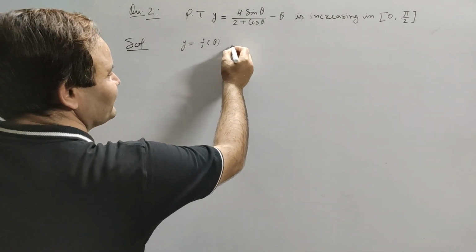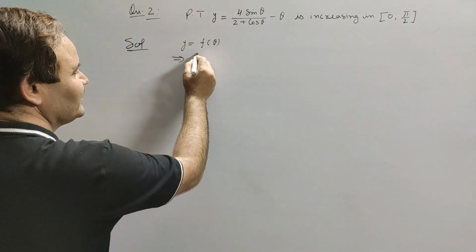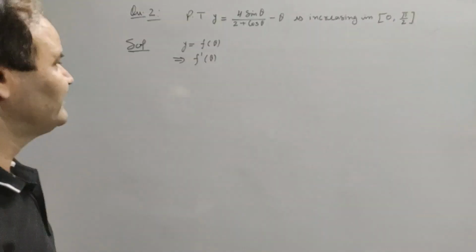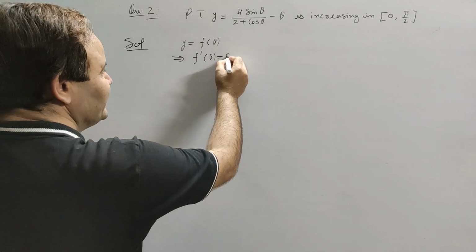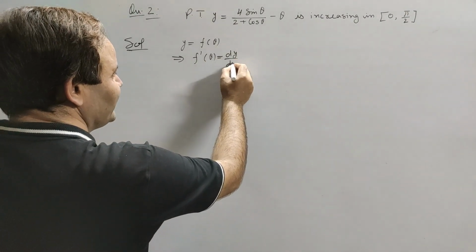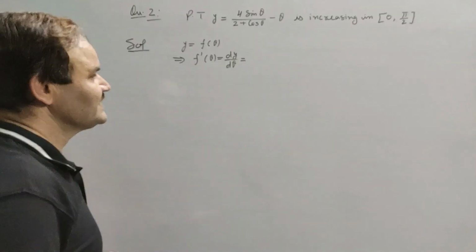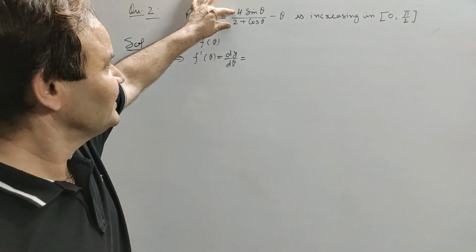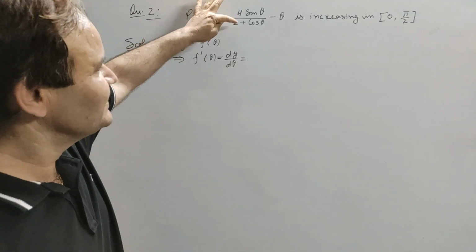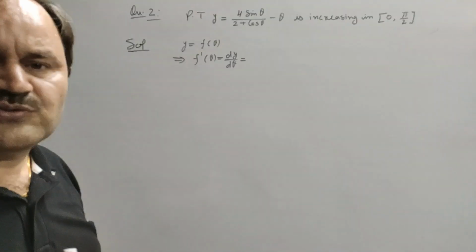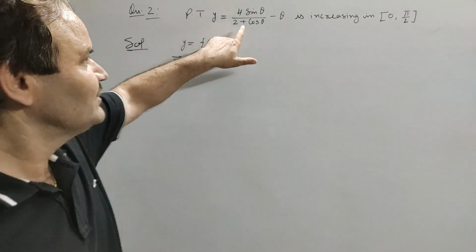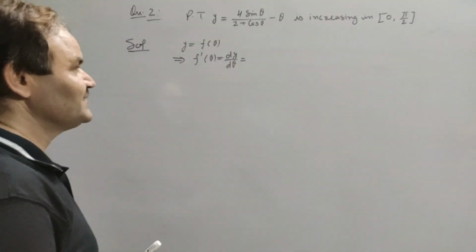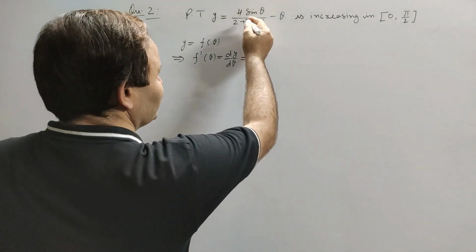That is, we will find out f dash theta. F dash theta means dy by d theta, and here we can see that the first term in the function is the division of two functions, so we will use the quotient rule for the first term, and the second term will be directly differentiated with respect to theta.